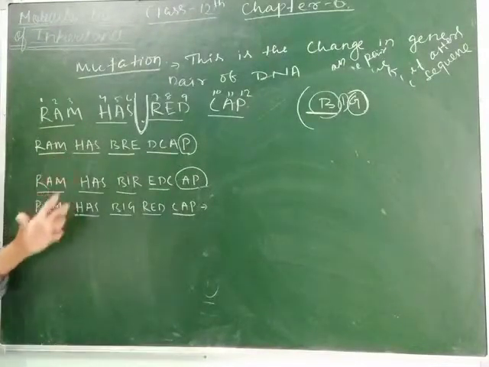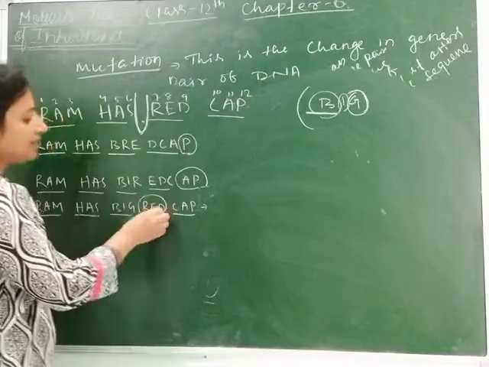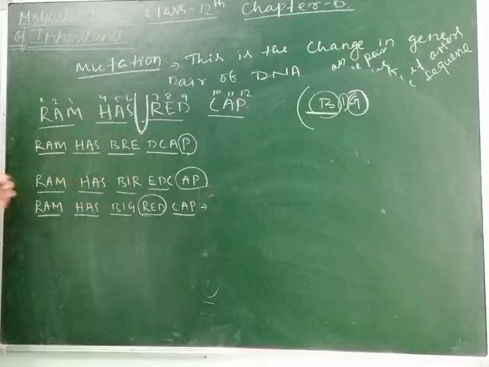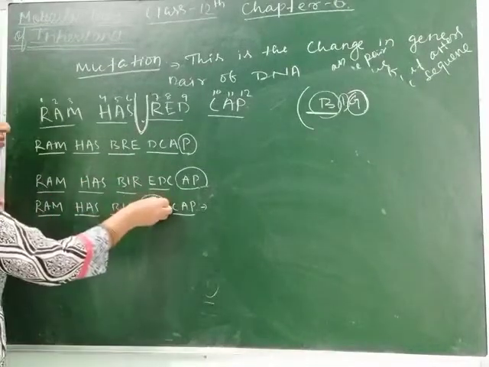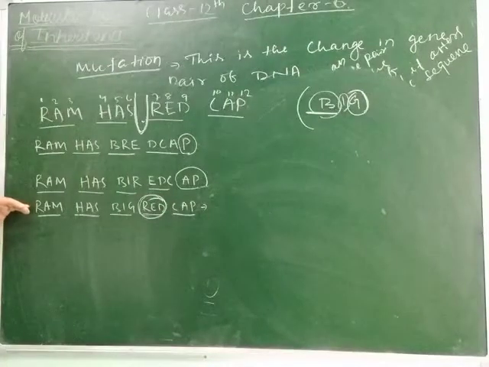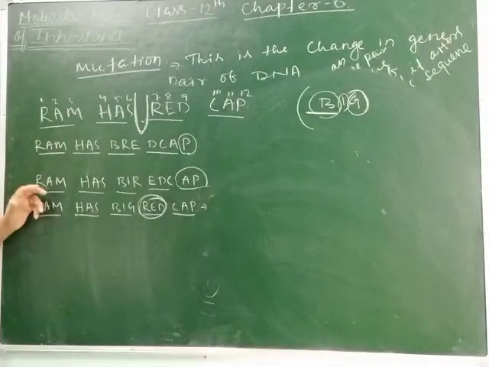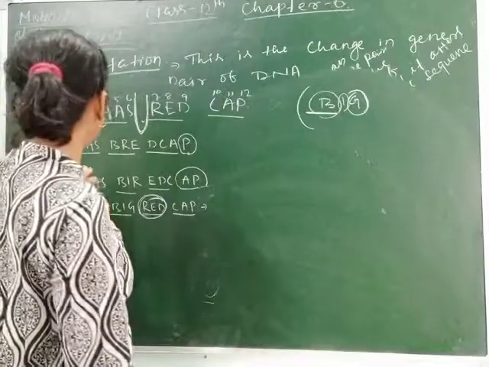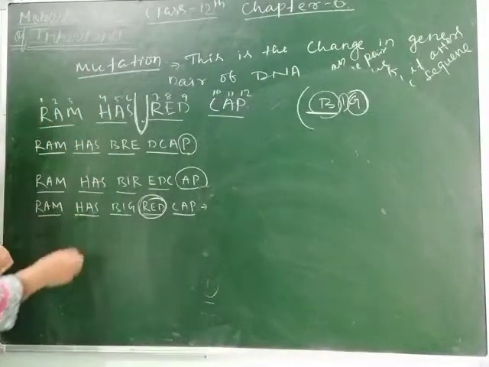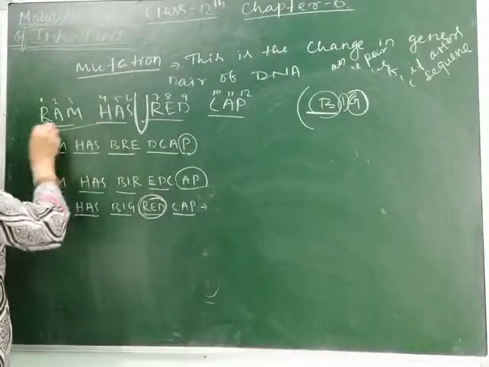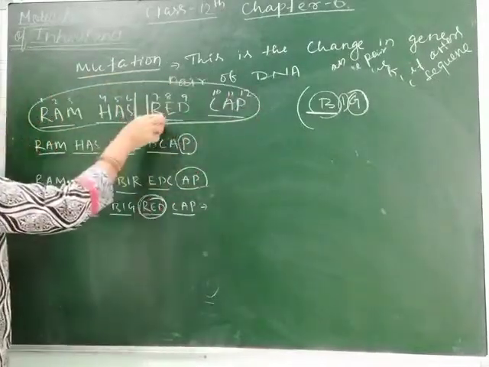Again, if we remove red one by one, like we put BIG one by one, in the same case, what will we get? Ram has big cap. Or if we remove and rearrange the sentence, then we may get Ram has cap.